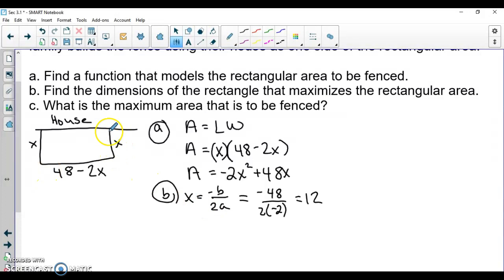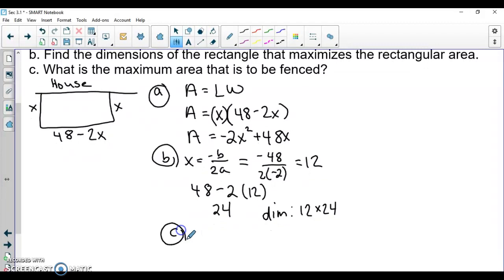Right now I currently know that this is 12. So 48 minus 2 times 12 will give me my other dimension side, and that comes to be 24. So my dimension is going to be a 12 by 24 rectangle.